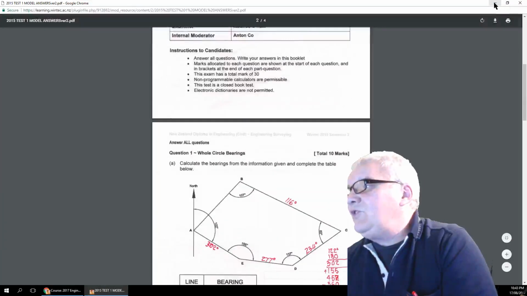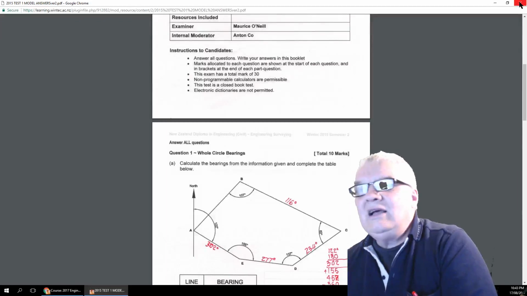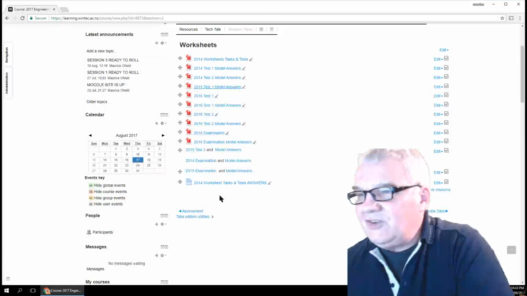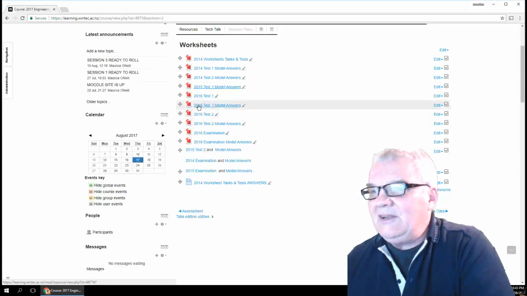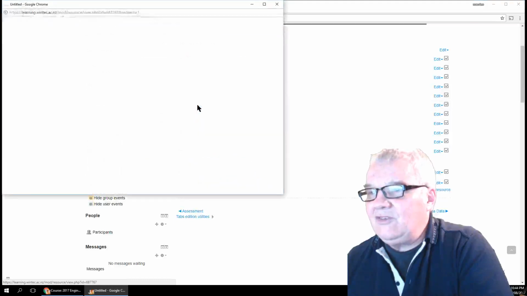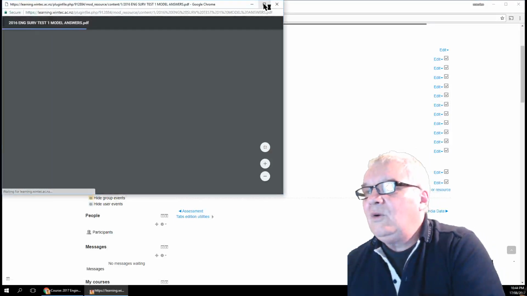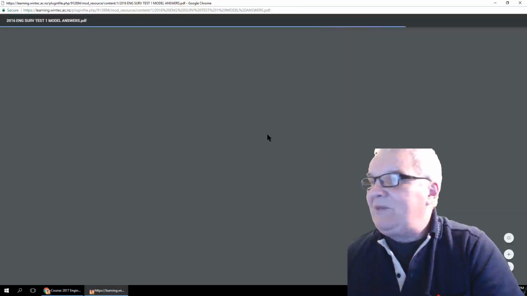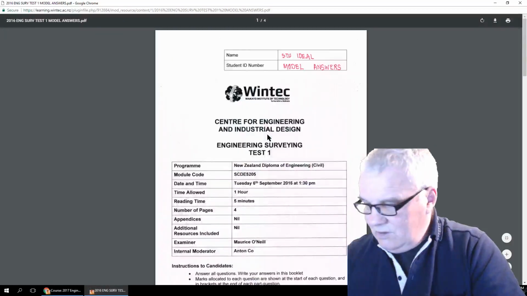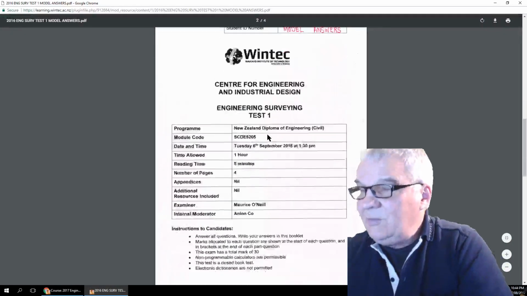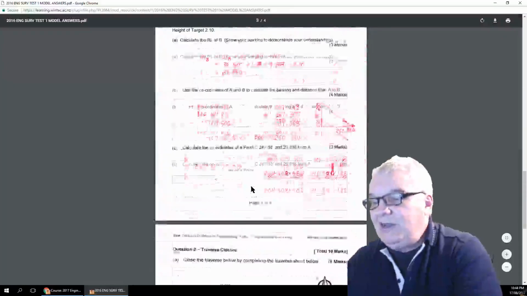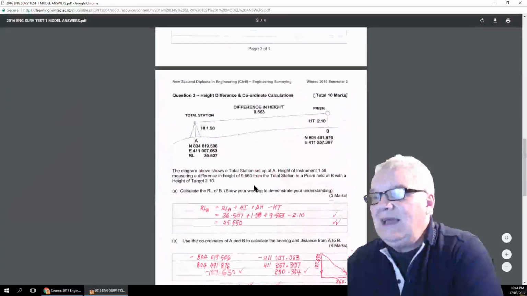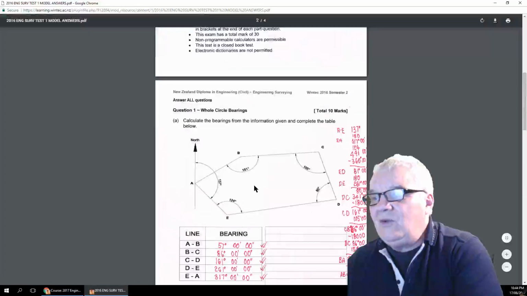Okay, weeks 30 to 34. Let's just go back. 2016 test 1. Oh, let's have a look at that. Coming up. Control 0. Page down. So yeah, it was whole circle bearings, a height difference, whole circle question.